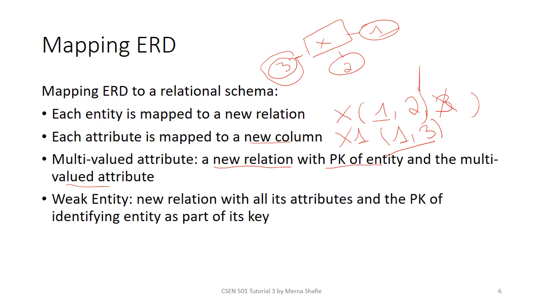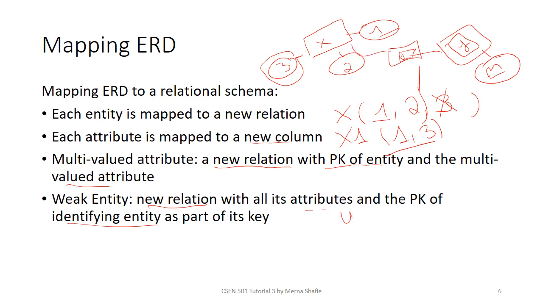Now, if we have a weak entity, how are we going to model it? A weak entity is always also a new relation with all its attributes and the primary key of the identifying entity as part of its key. What does this mean? If I have, for example, Y as a weak entity, and it has, for example, m as part of the primary key, and the identifying relationship is with X, what am I going to do?